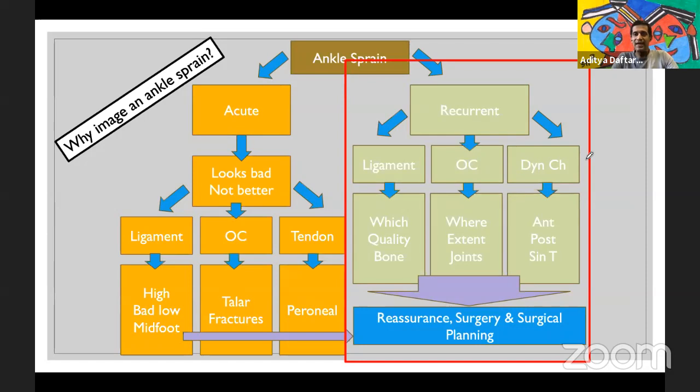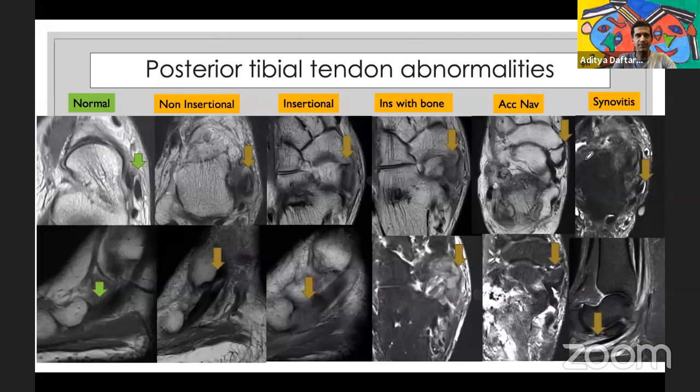And then finally, the dynamic changes of impingement, which would be anterior medial, anterior lateral, posterior, or in the sinus tarsi. And again, those could be bony or neurovascular in their etiology. And all these things basically help you to confirm your diagnosis in terms of what the primary issue is and help you to plan what you're going to do next.